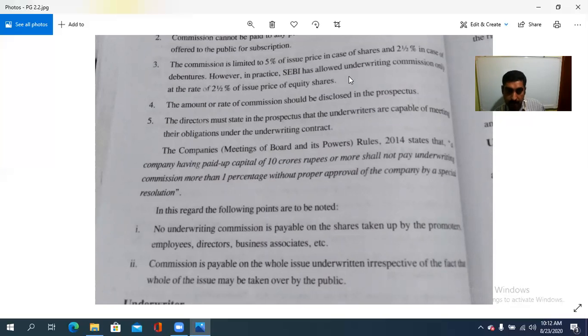As per the rules, a company having a paid up capital of 10 crore rupees or more. We have studied earlier what paid up capital is, the part before called up capital. So if the paid up capital is 10 crore or above, there should be a clause that the underwriting commission cannot be charged more than 1%.